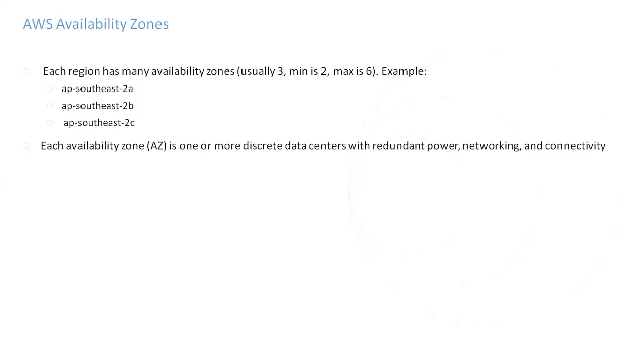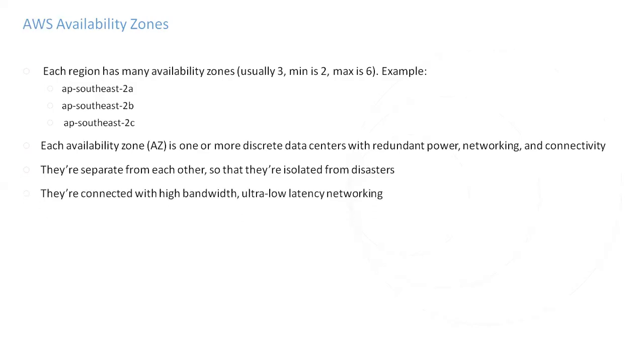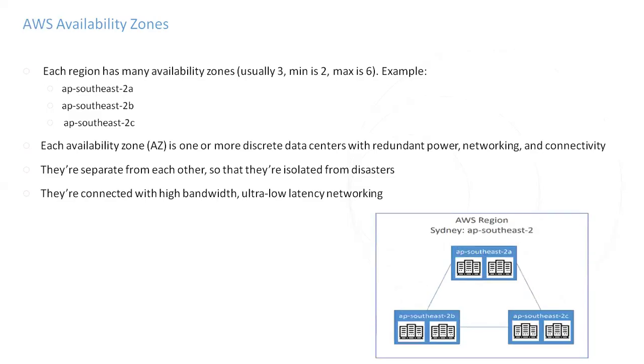Each availability zone is one or more discrete data centers with redundant power, networking, and connectivity. They are separate from each other so that they are isolated from disasters, but they are connected with high-bandwidth, ultra-low-latency networking.